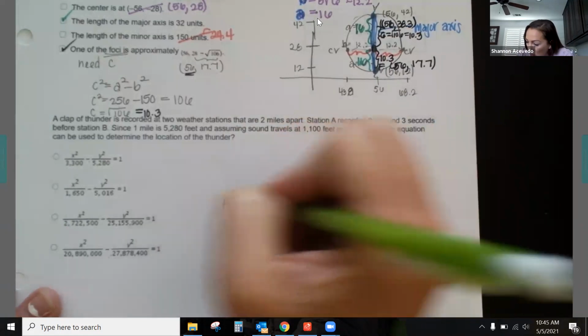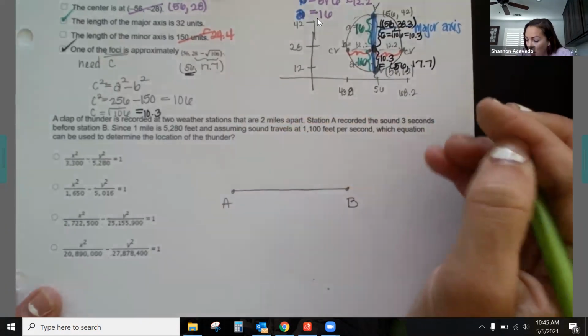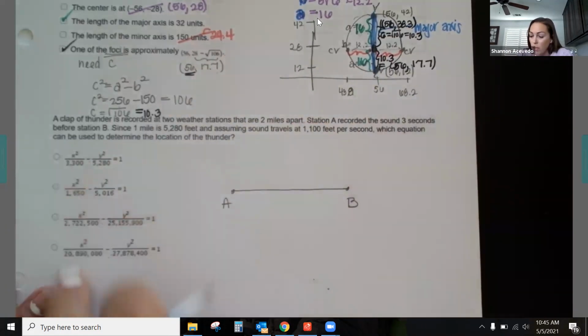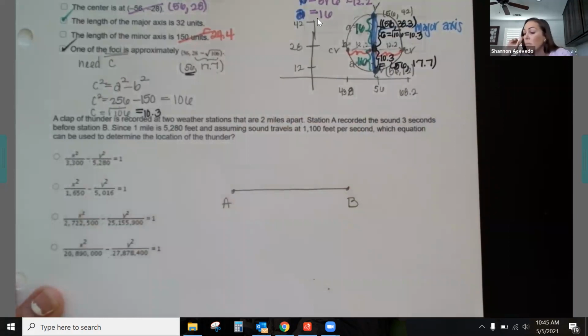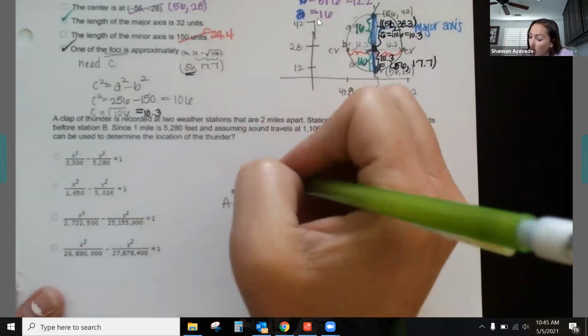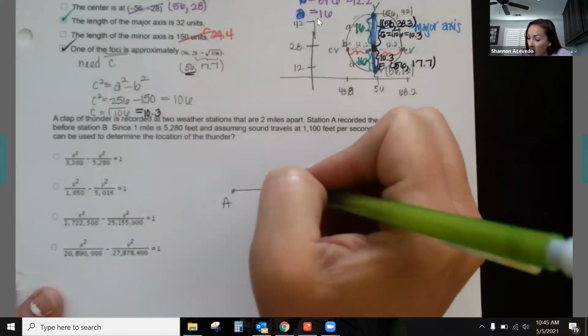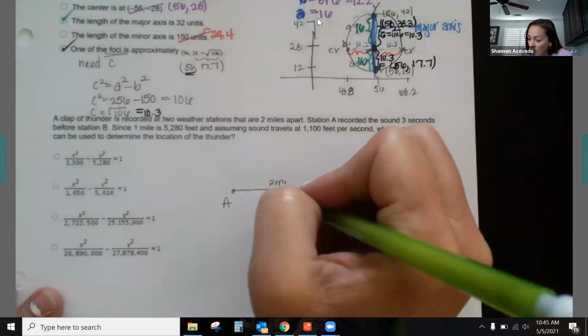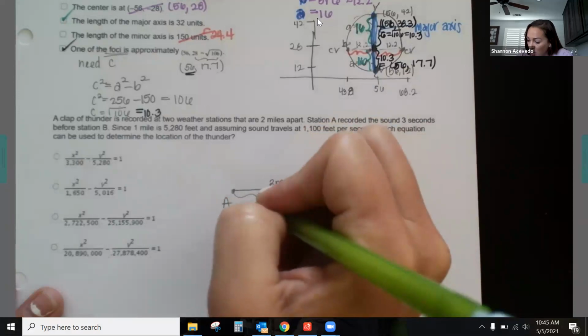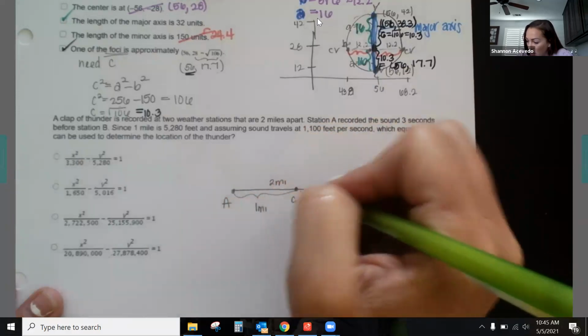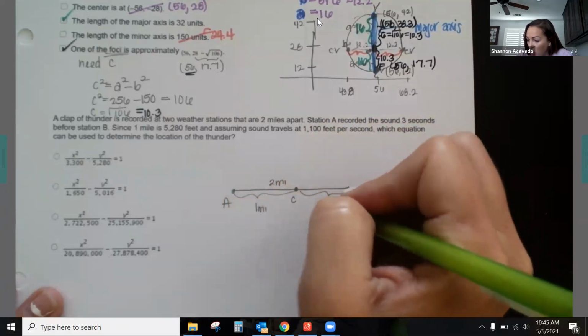Station A, station B. X comes first, so I'm going to do it horizontally because it's along the x-axis. I know that these are 2 miles apart. If that's the case, then directly in between them would be my center, and the distance from the center to each one is 1 mile.